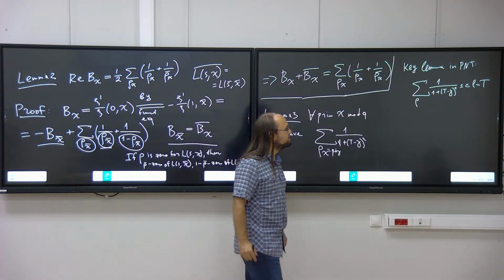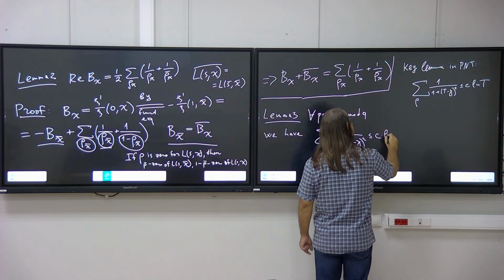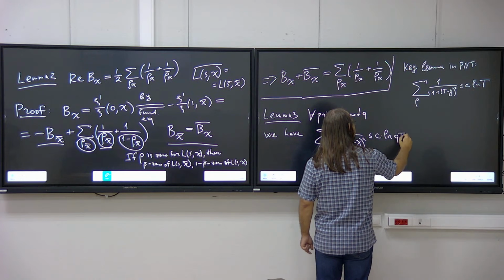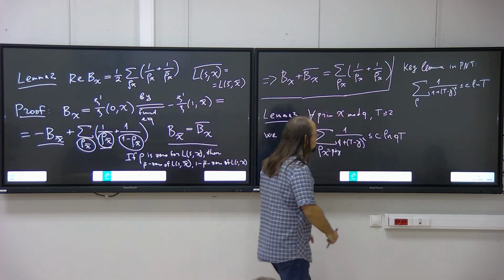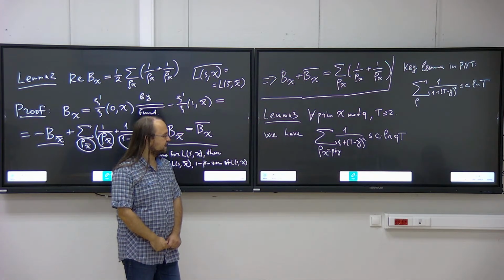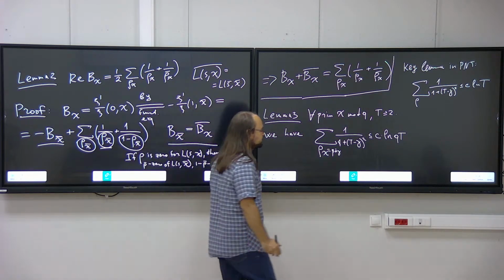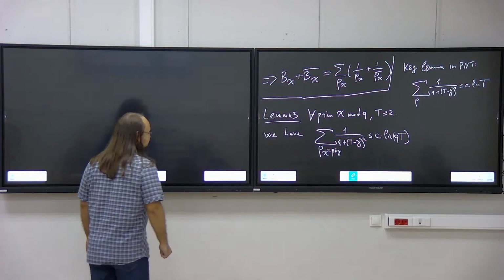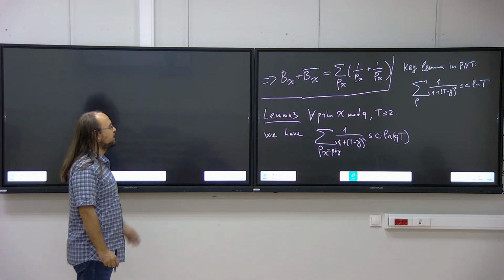So this sum will be once again at most some constant multiplied by a logarithm, but now not of t, but of q multiplied by t. So essentially the same bound, but you have q inside the logarithm. Let us demonstrate this formula.